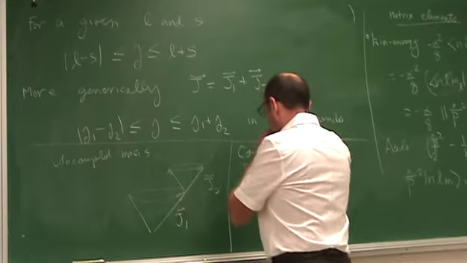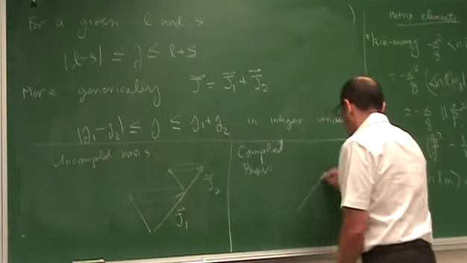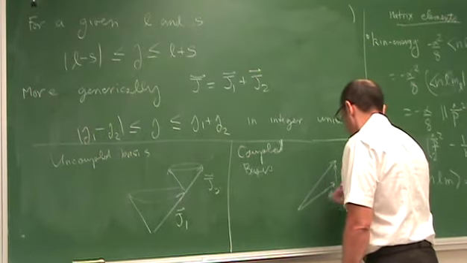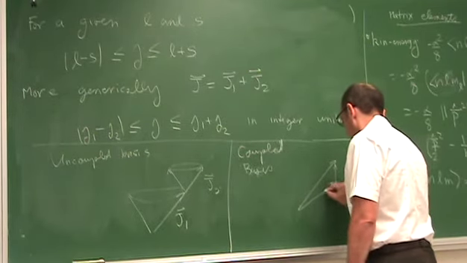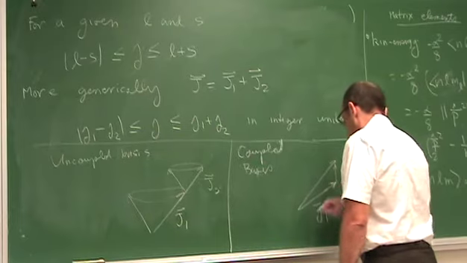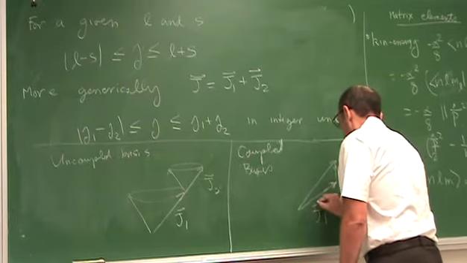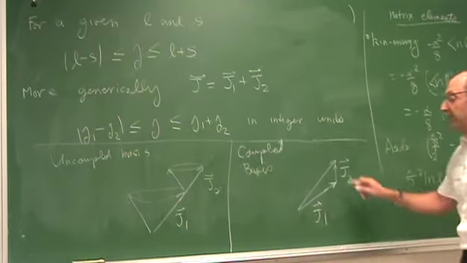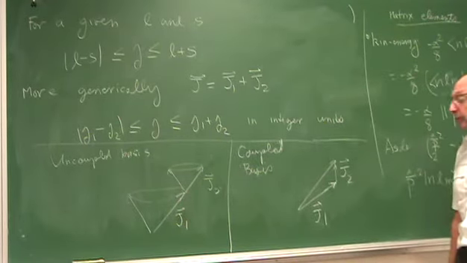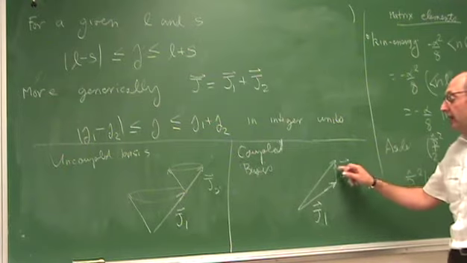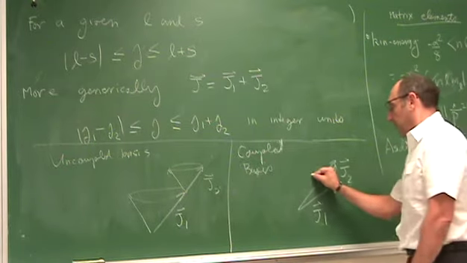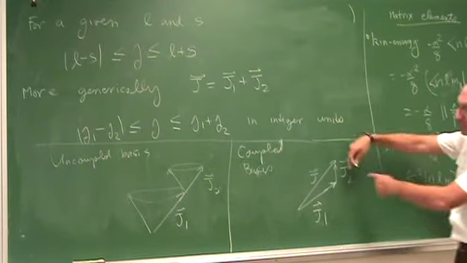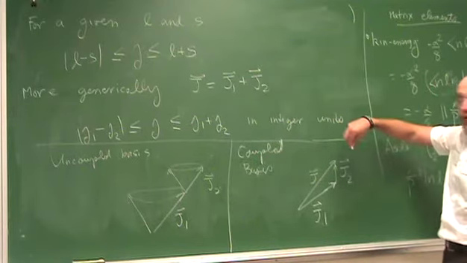So in the coupled basis, what I think about is that I have a particular definite magnitude of the sum of the two angular momenta. Also, the magnitudes of the individuals are fixed. But the projections of the individuals are not fixed.